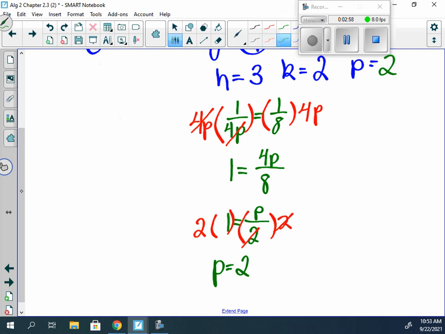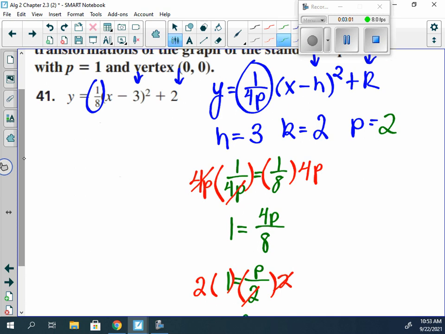Okay. Now that we found the values of h, k, and p, we can actually get the vertex, focus, directrix, and axis of symmetry. Now the vertex is the point h, comma, k. Well, what did we say was the value of h? 3. And k is 2. So what we get is the point 3, 2. So that would be the vertex. We don't have to do much for that there.